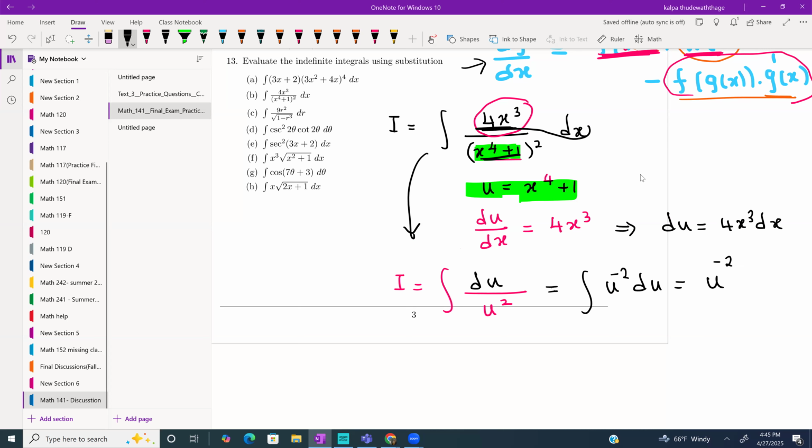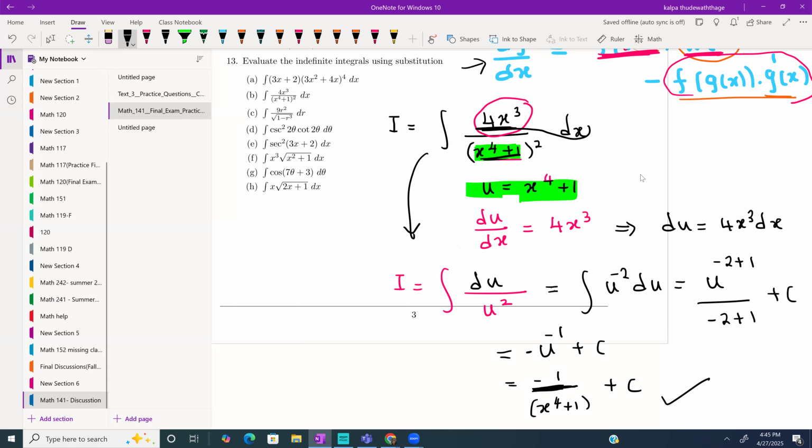You add 1 to the power, you divide by the same power. So that will be u to the power minus 1 over minus 1, plus c. So it's minus 1 over u, but u is x to the power 4 plus 1. That's my minus 1 over u plus c. That's the integration of the one I started.